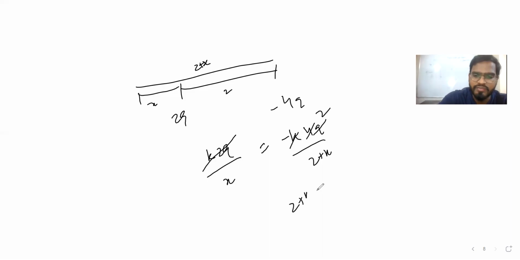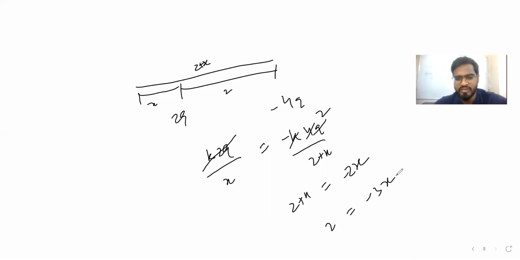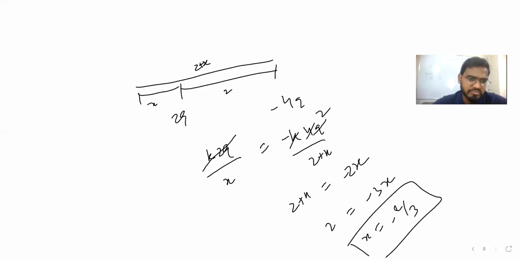So 2 plus x minus 2x, so 2 is equal to minus 3x. So x is equal to minus 2 by 3. That is what you can write. By this way, the distance again came out negative. Did we make any mistake here?